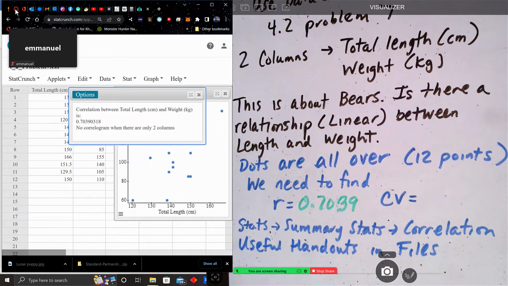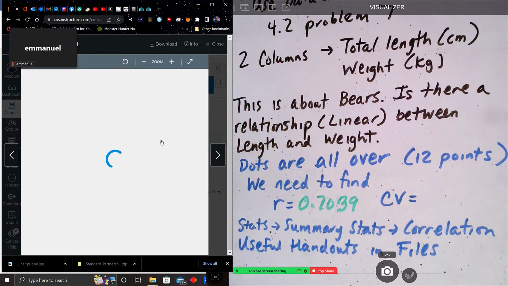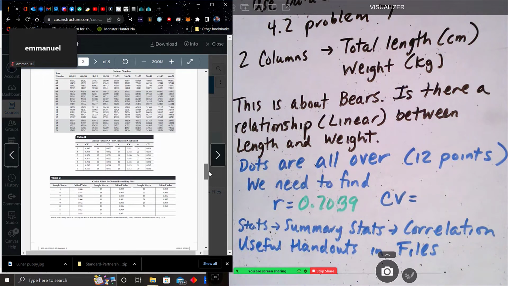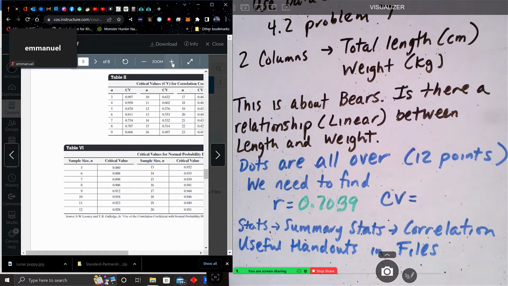I'm also going to come over to our table over here. Look at the file. Oh, we're looking for n equals 12 right there. I can see it right there, n equals 12.